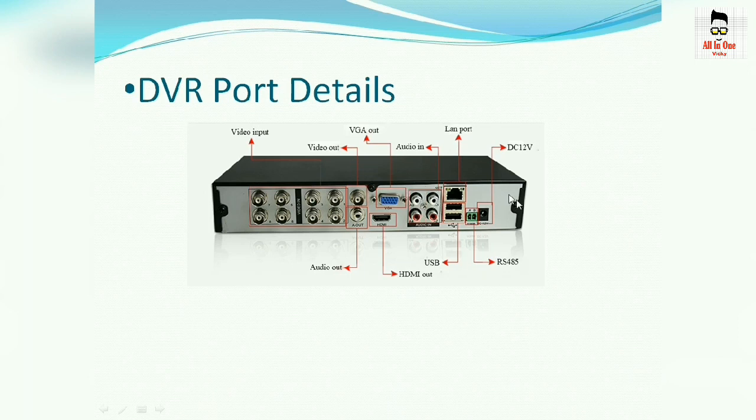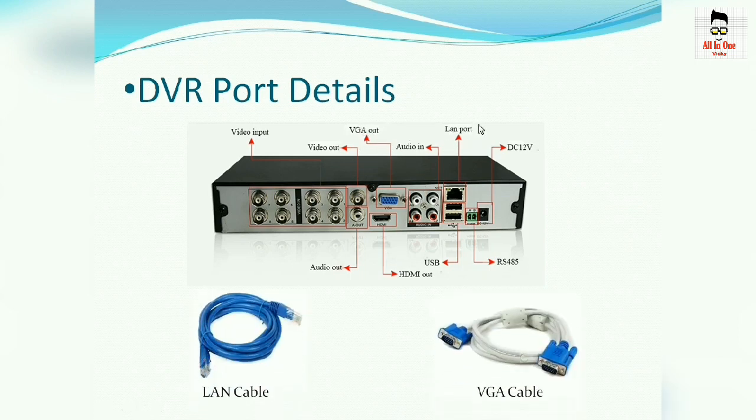And this is a LAN port. Remember these things. I will give you the diagram for VGA out and the LAN port also. As you can see on the screen, this one is the LAN cable, this one is the VGA cable. One end will be connected here, and the other end to the monitor. And the LAN cable, if you want to connect this DVR in the network, you can use it.